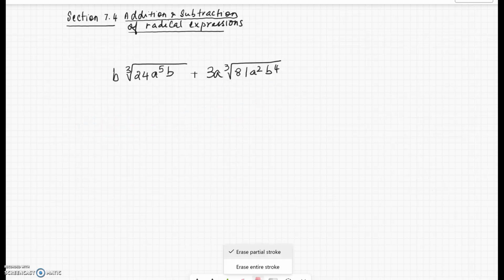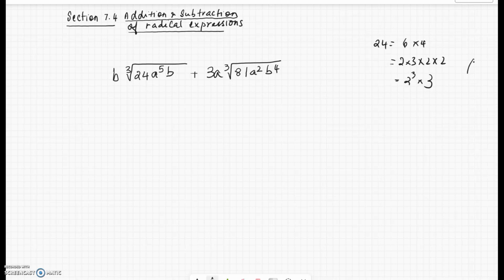So now this is a cube root of. So 24 is 6 times 4. So 2 times 3 times 2 times 2. So that is 2 cubed times 3. Since we're taking the cube root, you know the exponent is going to be 1/3, and that's going to cancel with the 3.